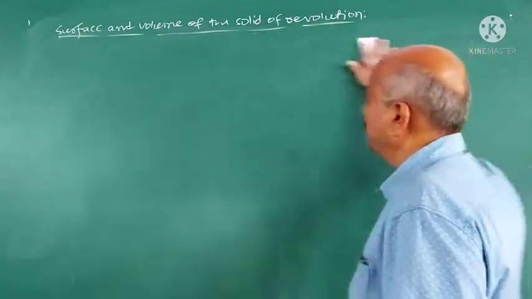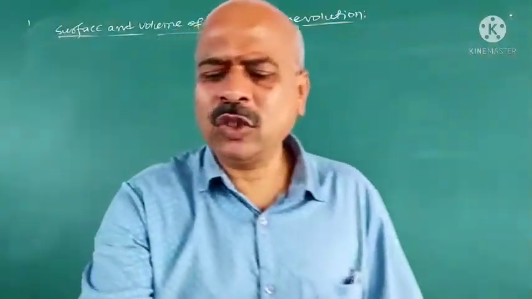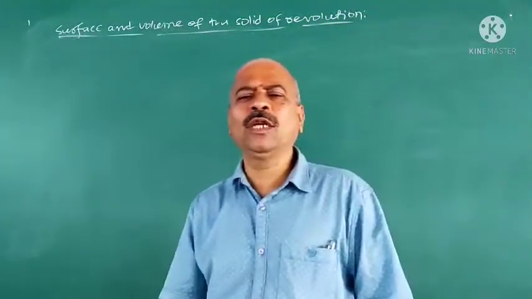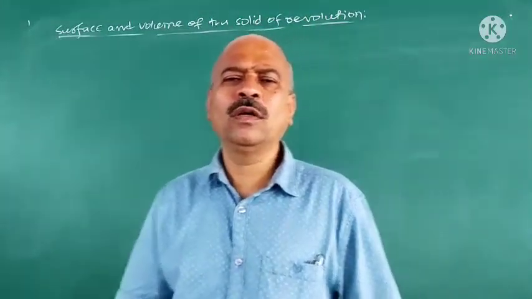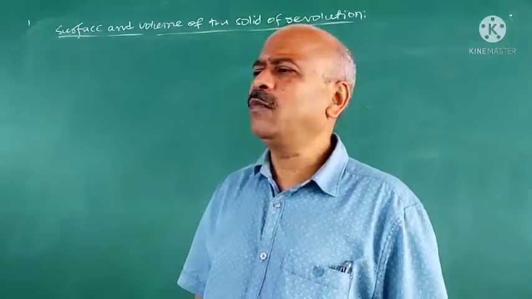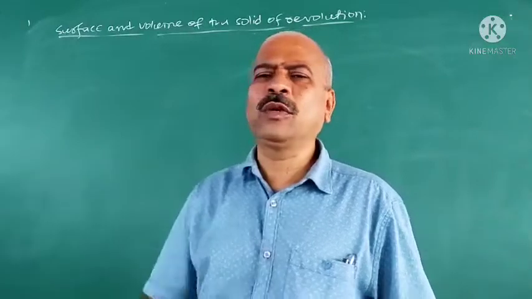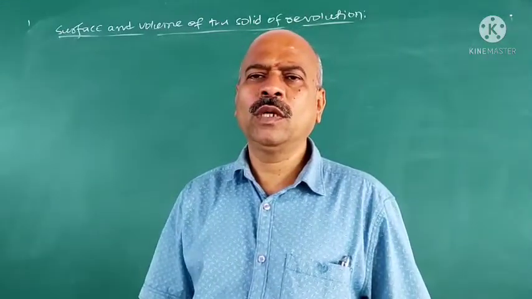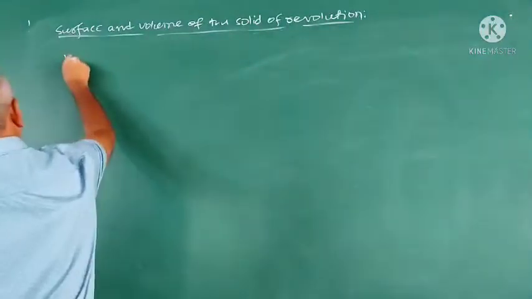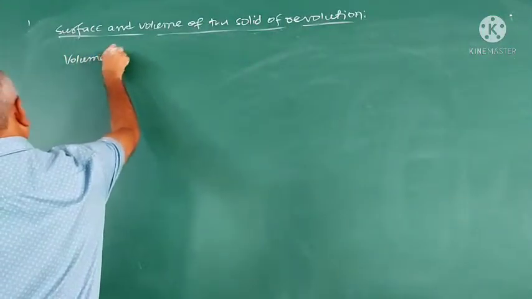And the volume of that solid is called the volume of revolution. The surface of the solid obtained is called the surface of revolution. Now we find the formula for the surface of revolution and the volume of revolution. First, the formula for volume of revolution.